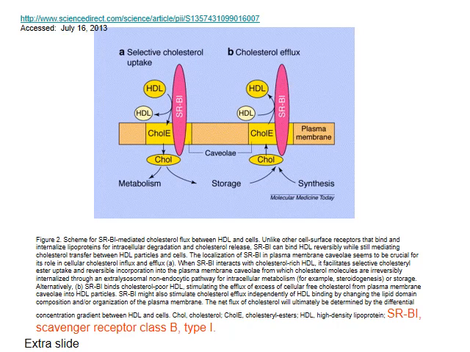So unlike other cell surface receptors that bind and internalize lipoproteins for intracellular degradation and cholesterol release, scavenger receptor class B type 1 can bind HDL reversibly while still mediating cholesterol transfer between HDL particles and cells. The localization of SRB1 in plasma membrane caveolae seems to be crucial for its role in cellular cholesterol influx and efflux.